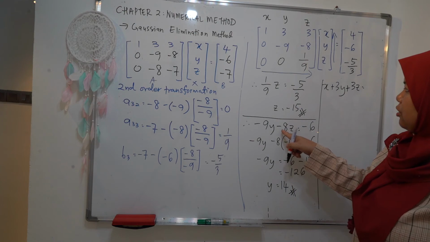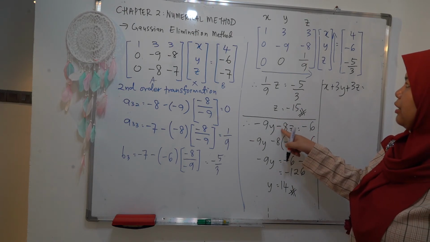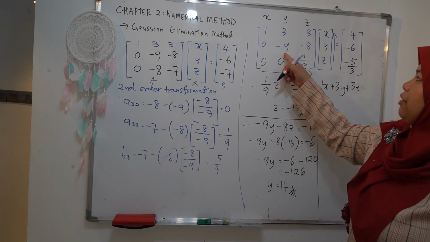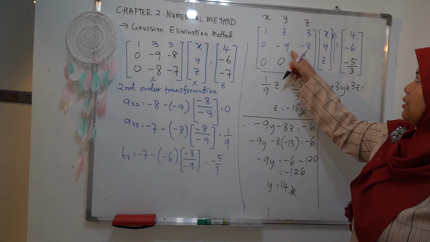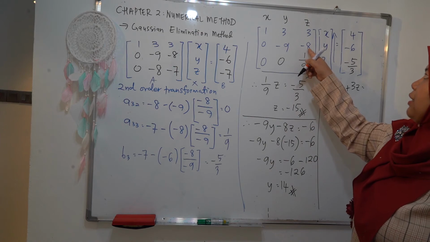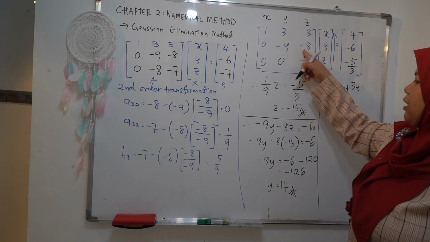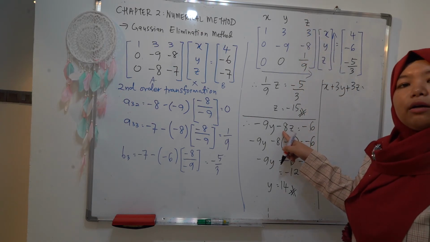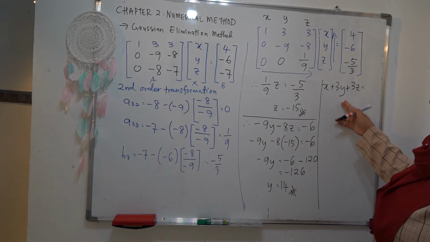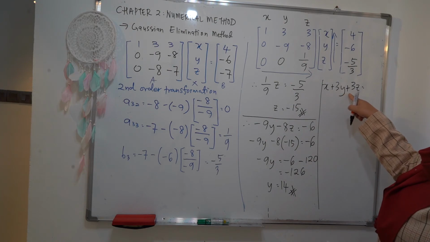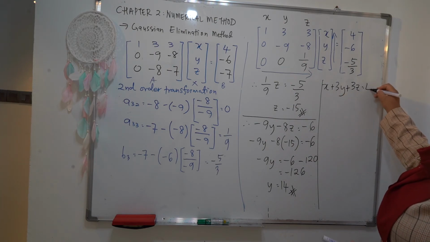In the second row I used minus because there is a negative number here: negative 9 plus negative 8 times z, so plus with negative will be minus. So I continue back to the first row: x plus 3y plus 3z equals 4.